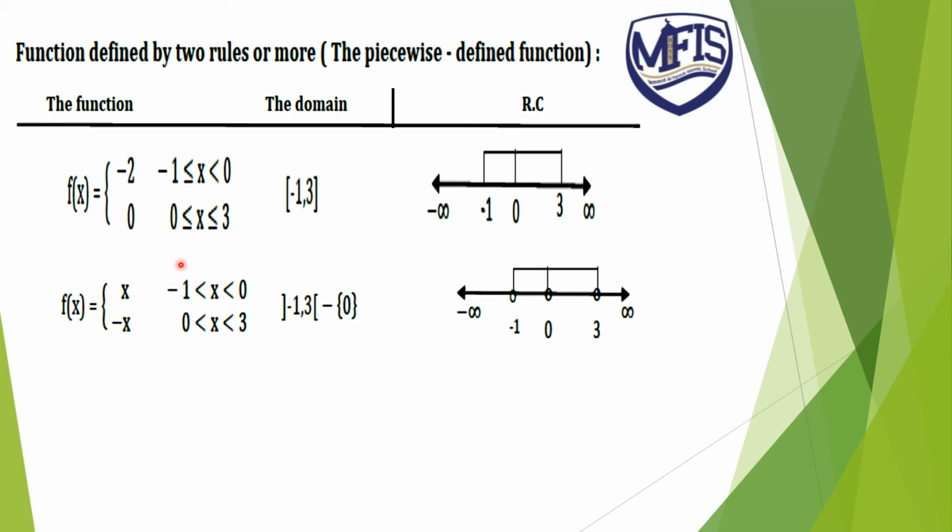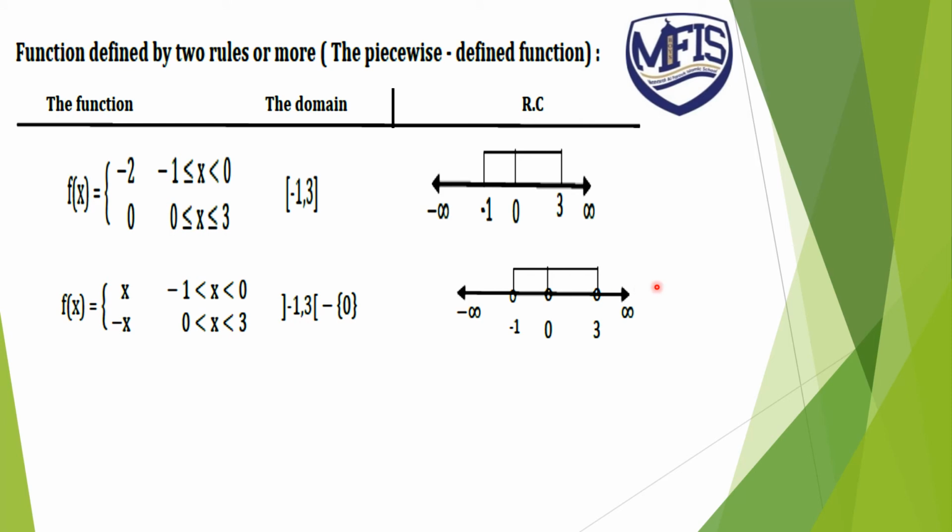Another example. If f of x equals x, with x from -1 open to 0 open, and f of x equals negative x when x is greater than 0 and smaller than 3.